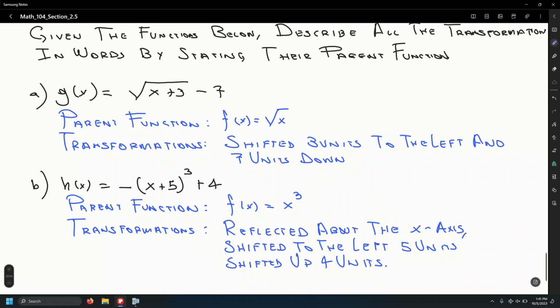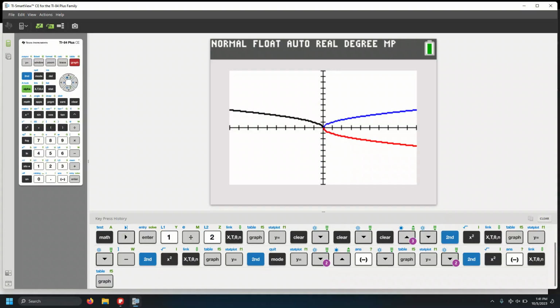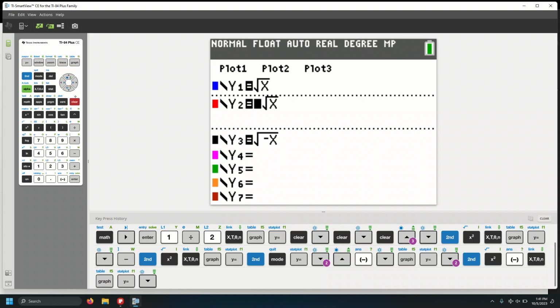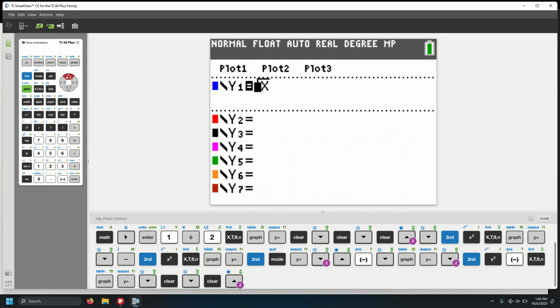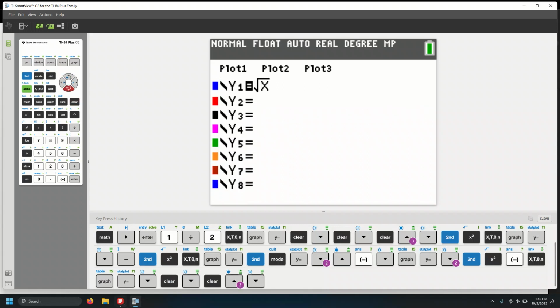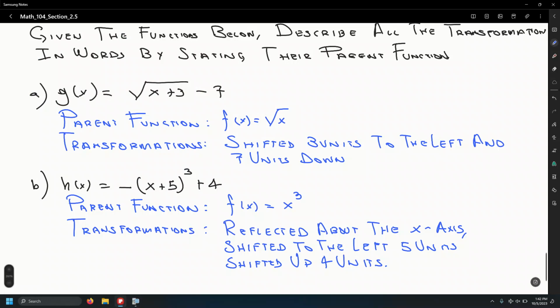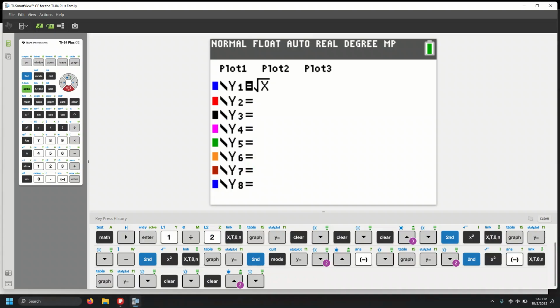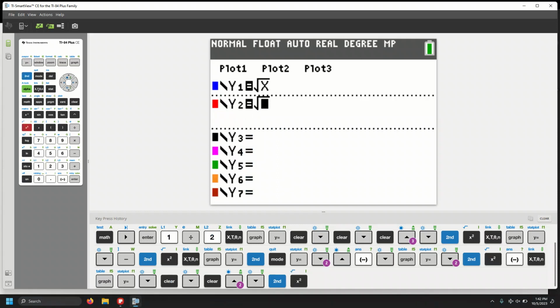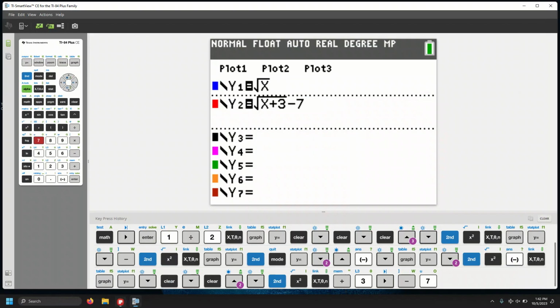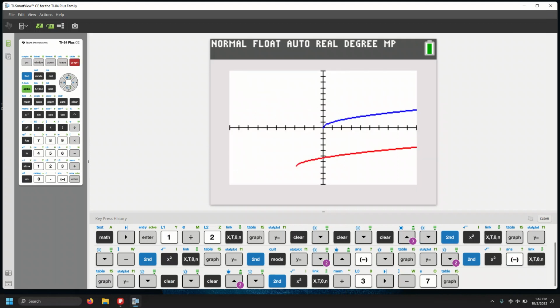How about we see these graphs actually, so we can see all these words in action. Let me erase. Actually, I'm going to clear the last two because we are going to need the square root function. I'm going to do another one: square root of x plus 3 and then minus 7. All right, and graph.